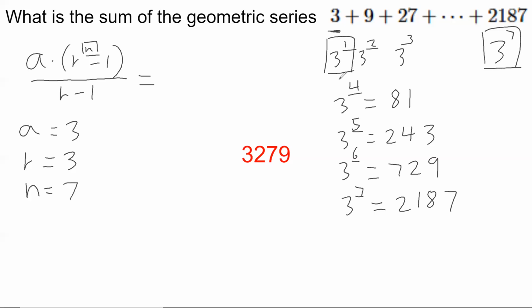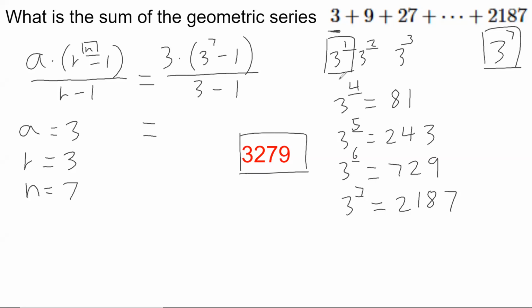And we can plug all our numbers into our formula. A is 3, r is 3, n is 7, and this number should come out to 3279.